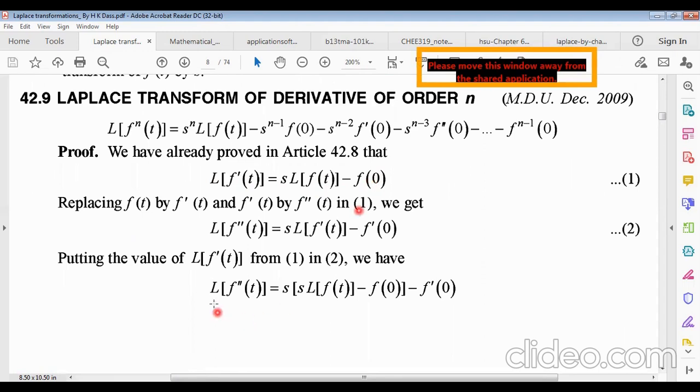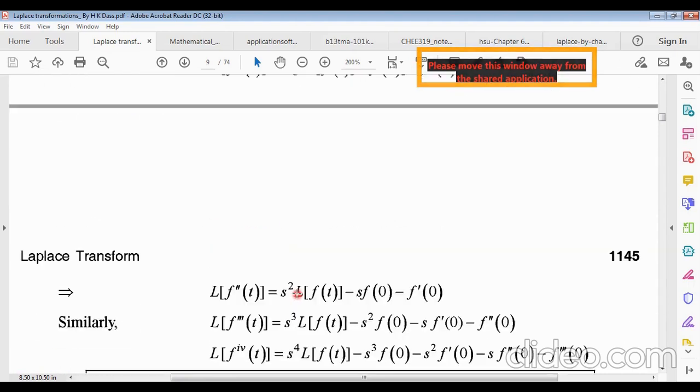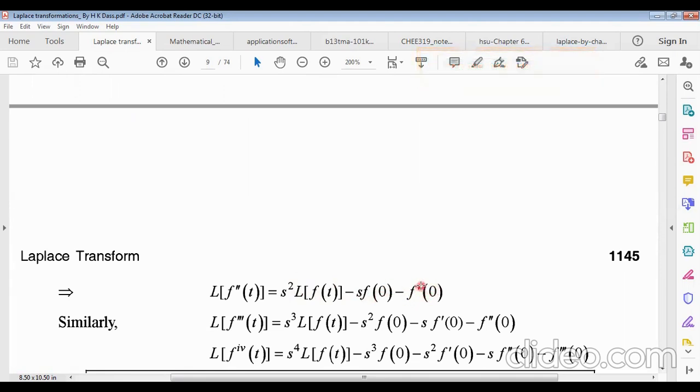And the second derivative: the Laplace transformation of the second derivative of f of t equals s squared times the Laplace transformation of f of t minus s times f of 0 minus the first derivative of f of t at t equals 0.